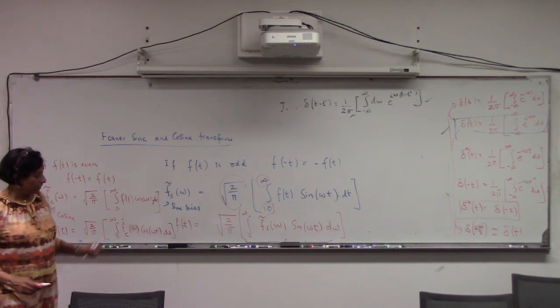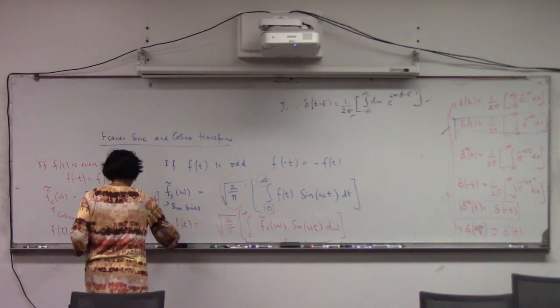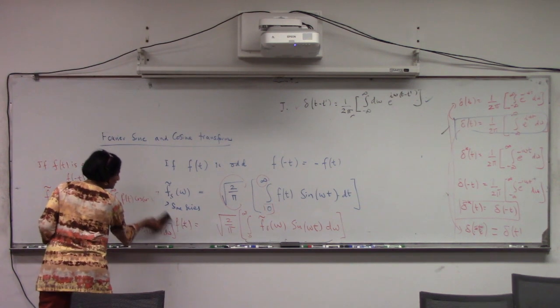Is this clear? Okay, so now where do these definitions come from? We can prove that from what we know again. I'll just quickly do it for only one case, the sine series.